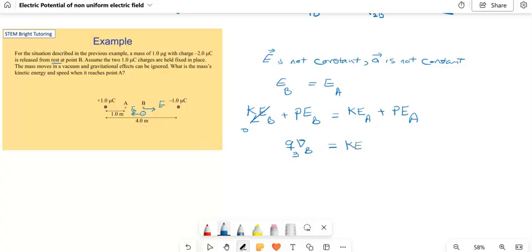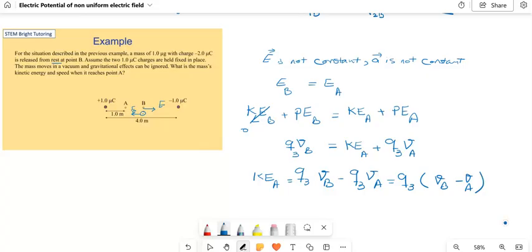The kinetic energy at the final point equals charge Q3 multiplied by the potential at point A. So we can set that the kinetic energy at the final point equals the charge Q3 times the potential at point B minus this term, so the charge Q3 times the voltage difference of these two points.